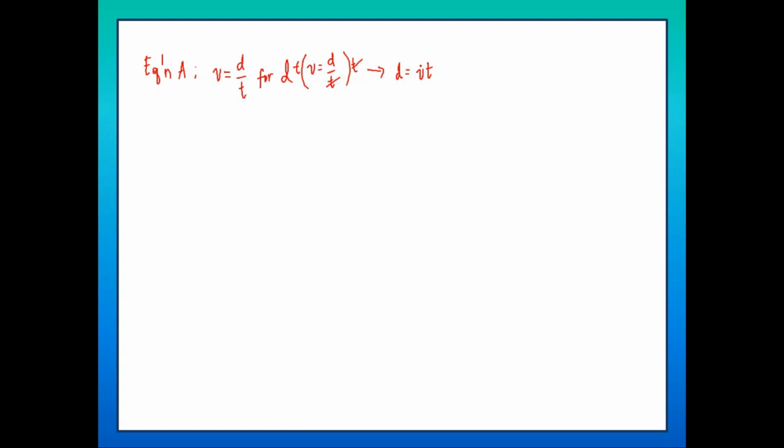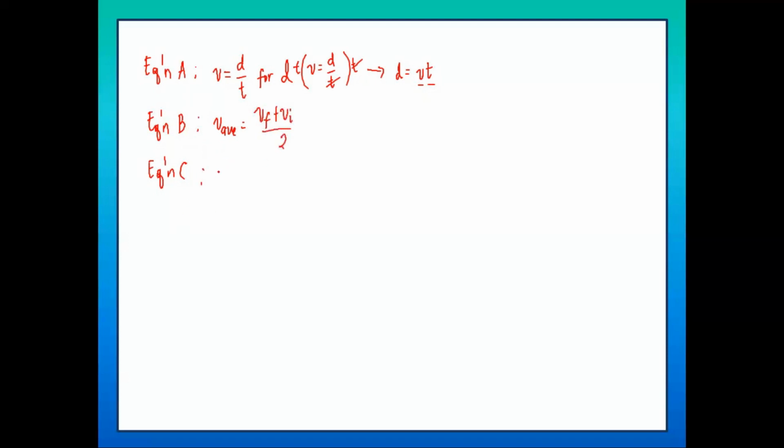So, in this case, we have to substitute equations B and C. Para kanino? Para for your V and T. Okay? So, you've noticed our equation B is your average or your constant velocity na V sub AVE is equal to V sub F plus V sub I over 2.